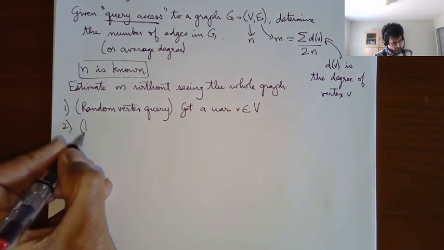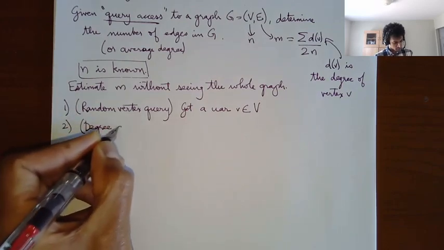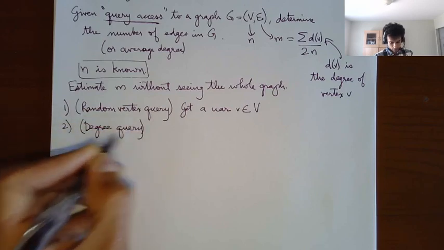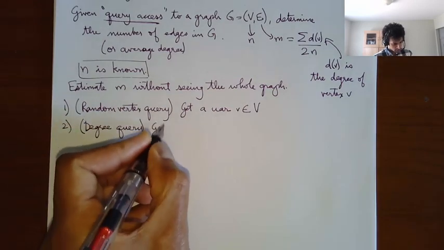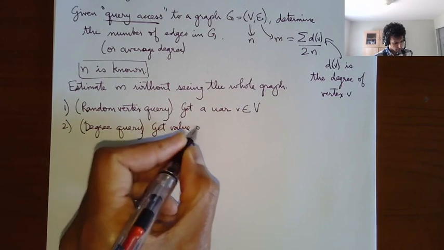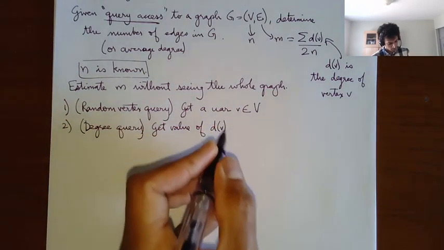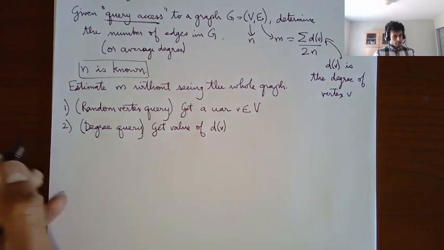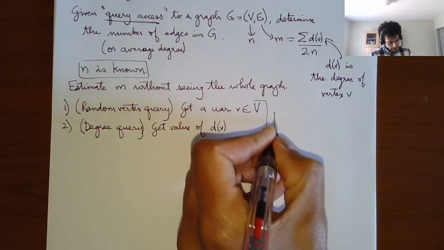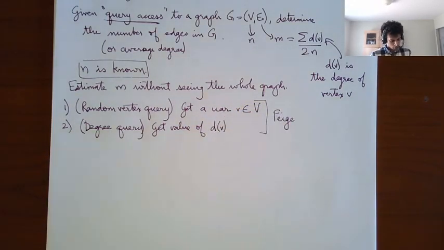The second is the degree query: get the value of the degree of a vertex. What Feige analyzed was just this. It's really simple. You can get a uniform random vertex, you can query the degree, and you want to know how good an estimate you can get of the average degree of a graph.